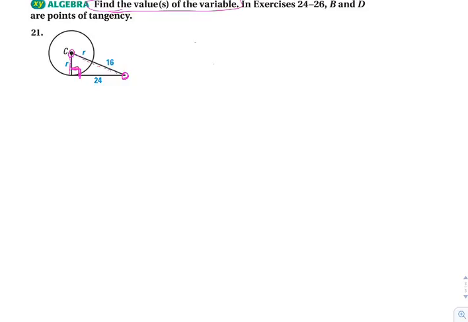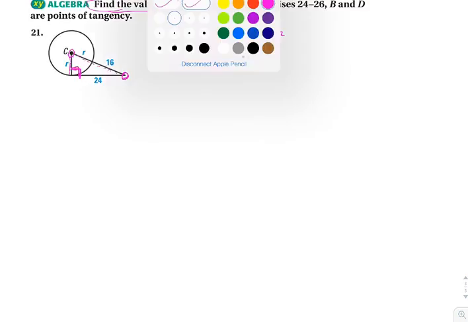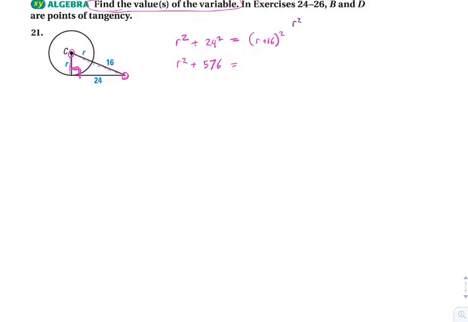So we could say, okay, well, a squared plus b squared equals, and the length c of our hypotenuse is r plus 16 squared. Okay, so if we write that out, we've got r squared plus, this is 576 equals, and now on the right, you know what people want to do is they want to say, oh, well, that's r squared plus 16 squared, of course, but we know that's not true, you know, from our area models and past discussions.